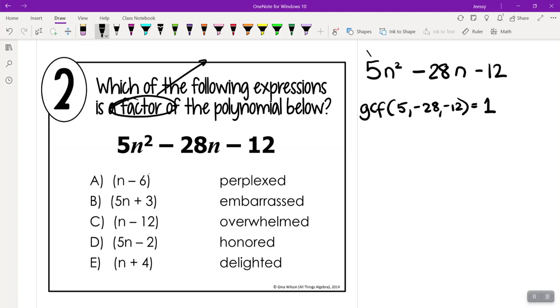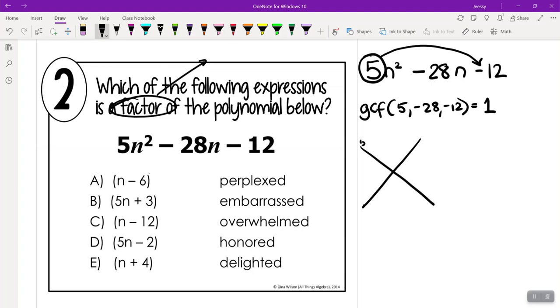The next thing to notice is that this is a 5. And when the number is not 1, that means that you need to multiply by this 5 and then divide by this 5. So draw a circle on the 5, draw an arrow, and that's what you need to multiply the 5 by.